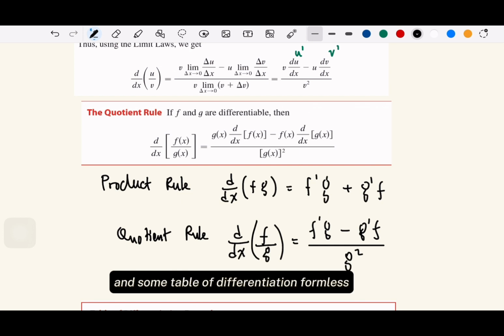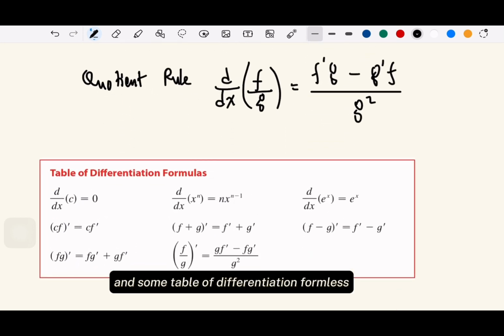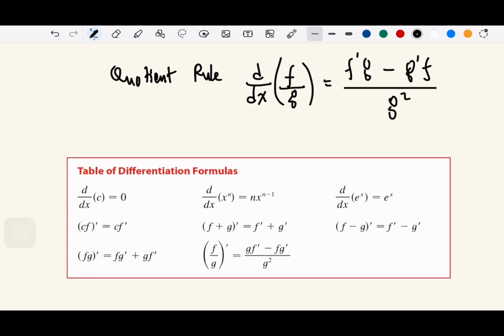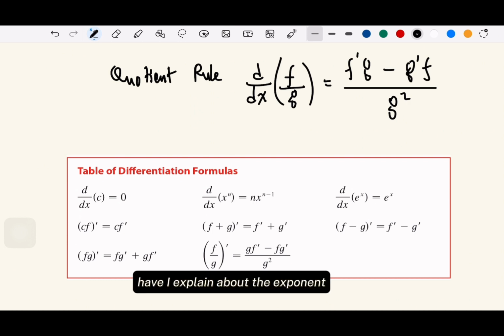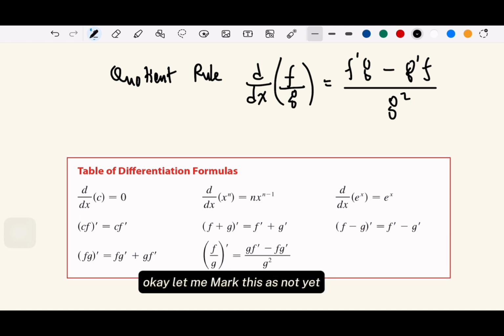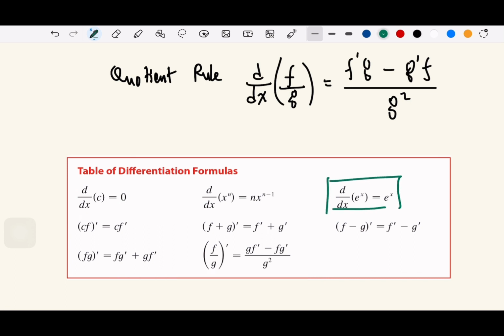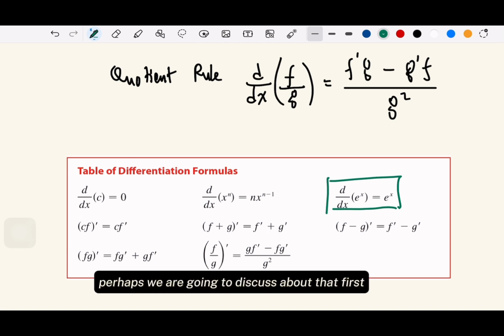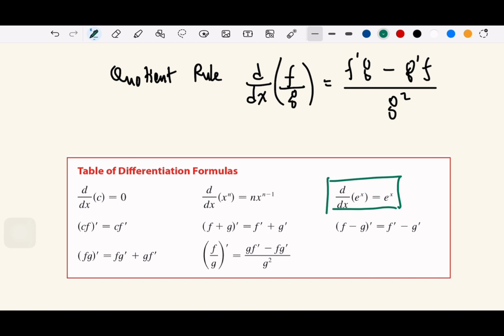Okay, some table of differentiation formulas. Have I explained about the exponent? I forgot. Not yet, right? Okay, let me mark this as not yet. But perhaps we are going to discuss that first.